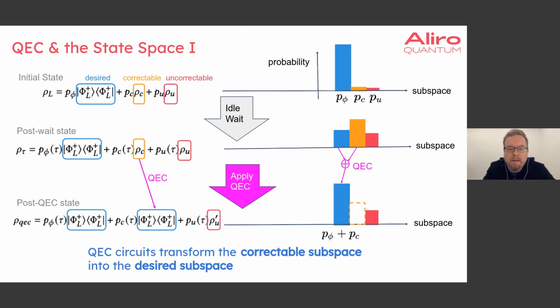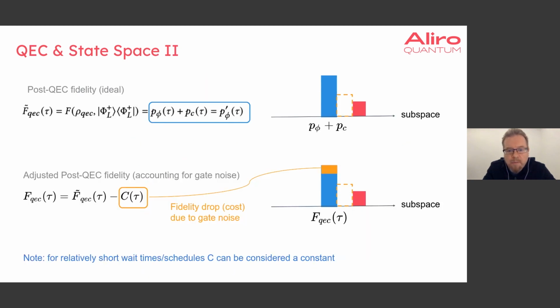And so this is how we get a boost. If we wait a very long time, then we get a lot of uncorrectability that we just can't recover, because our QEC circuit has a very limited capacity to correct only a certain number of errors. So this is how we get a boost as we apply QEC.